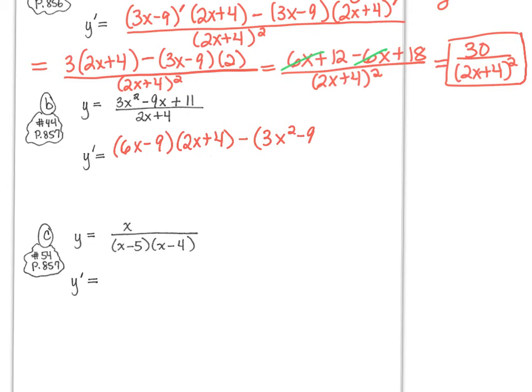Minus what? Oh, 9x, sorry. 9x, good. Plus 11, multiplied by the quantity 2x plus 4, over the quantity 2x plus 4 squared. Careful. Here you fixed 3x squared minus 9x plus 11, and you said multiply that by the quantity 2x plus 4, but you should multiply by 2?